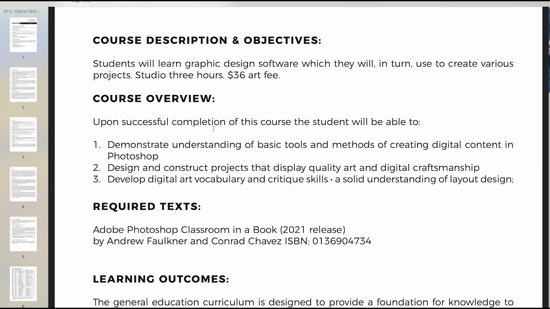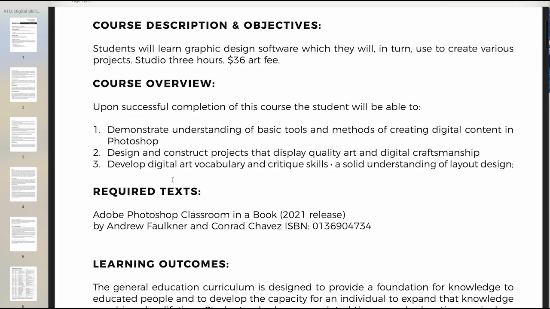In addition, we want you to design and construct projects that display quality art and digital craftsmanship. This is so important when you get to working with Photoshop, making sure that you have great craftsmanship. You'll also be able to develop a digital art vocabulary and critique skills.